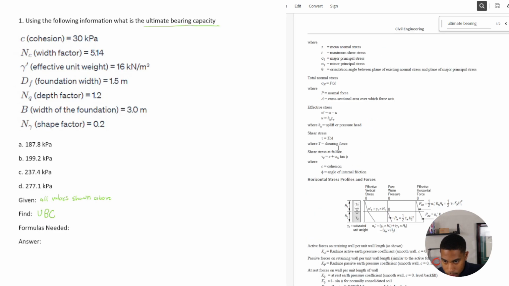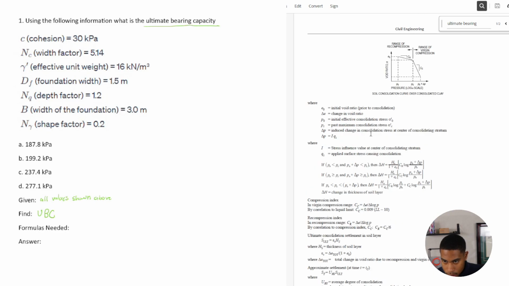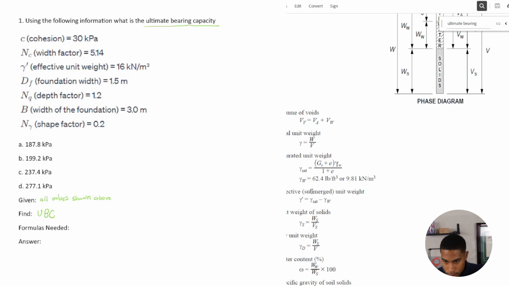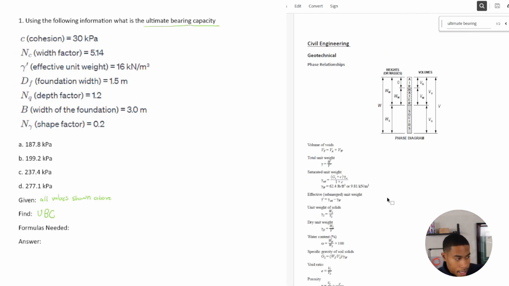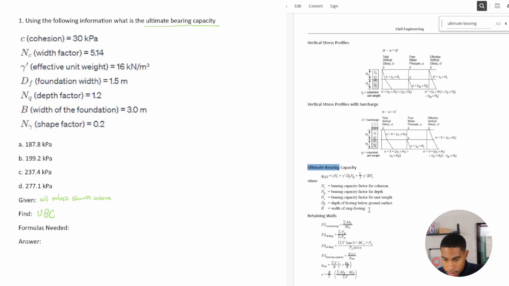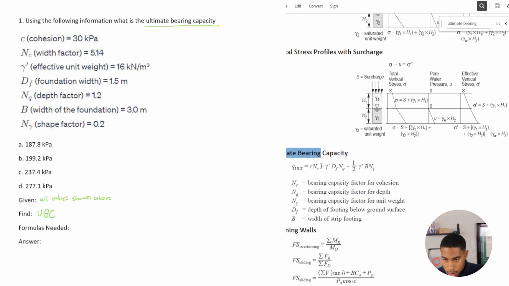So effective unit weight, yes, is a Y bar. I'm just looking at my handbook to make sure these symbols match up with the information that I'm given. All right. DF is the depth of footing. Our foundation, we have that to be 1.5. What about NQ?